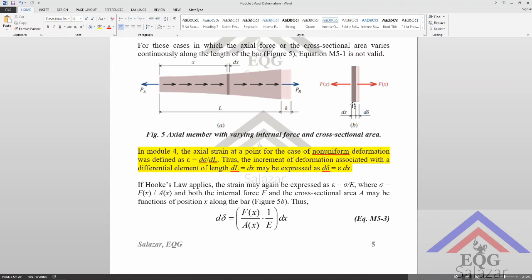Since these are differential strips, we have to use integral calculus.